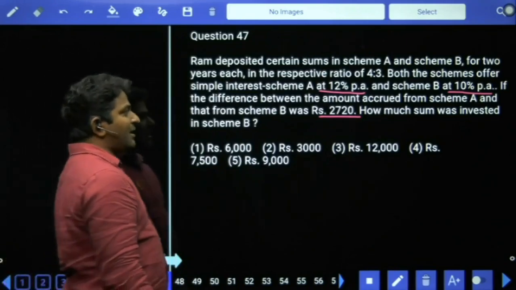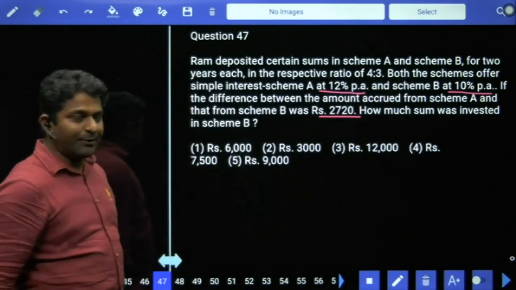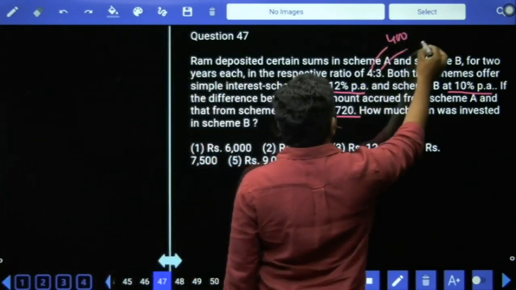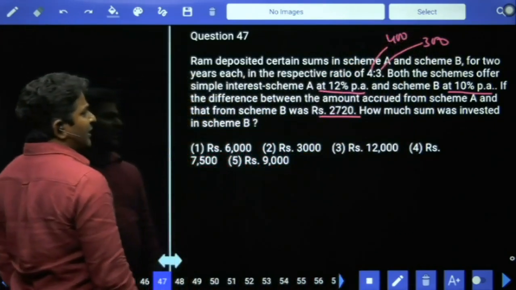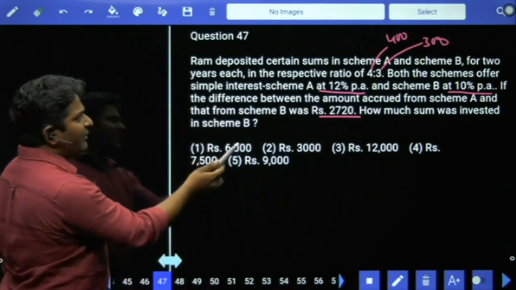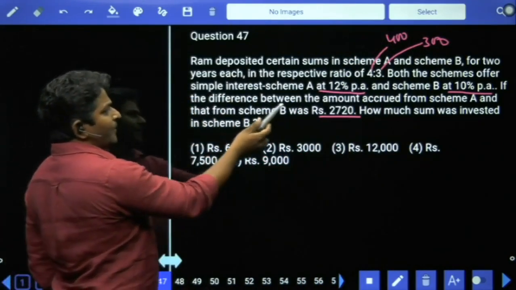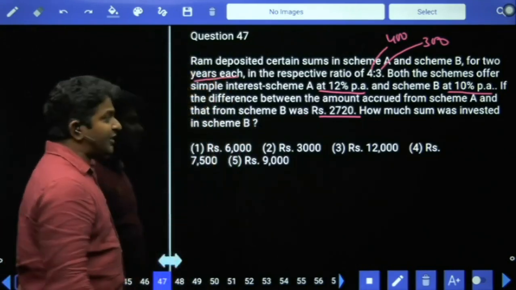So in scheme B, 3 parts invested, so the answer must be a multiple of 3. For simplification, let us treat it as 400% and 300%. And now the amount difference is given for how many years? 2 years. It was given for 2 years each.